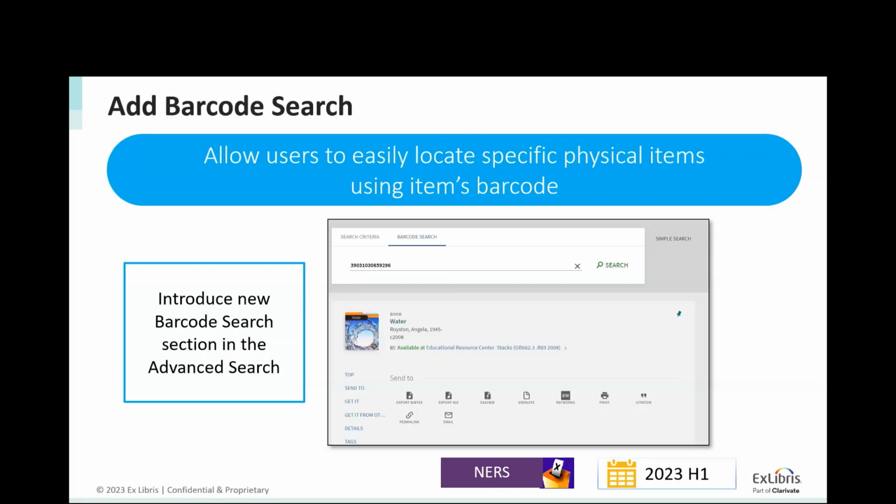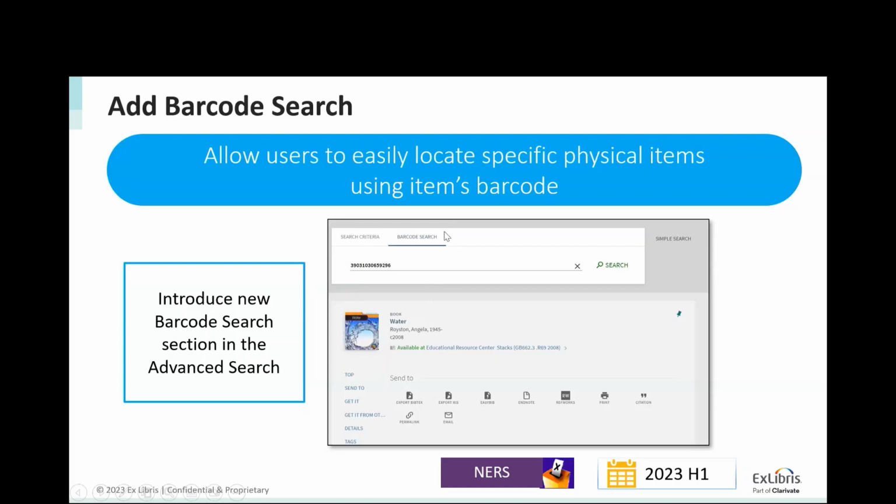We are not indexing the barcode on the item level, but we are actually calling an Alma API to find the match on the institution local catalog, that is a match for the associated bib record that is also represented here. You can see that we are presenting under the results the display of the full record.